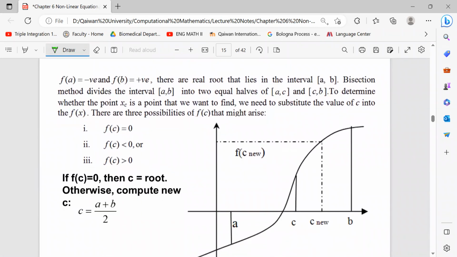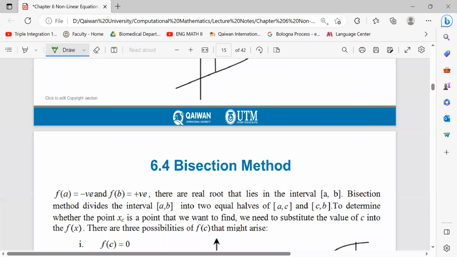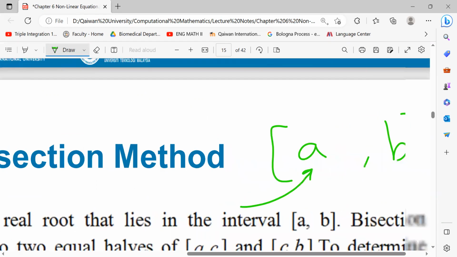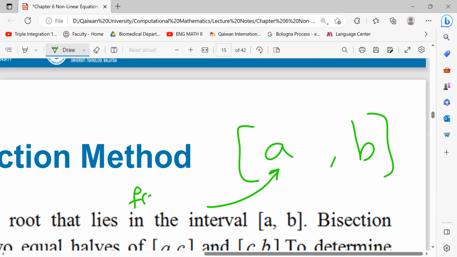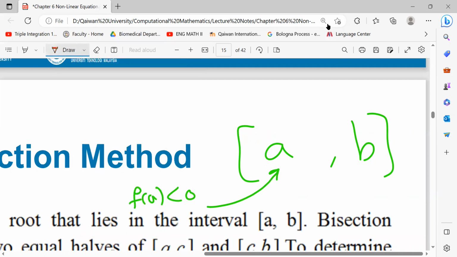Here we say, this is a and this is b. If f of a is, let's say, less than 0 and f of b is greater than 0, what do we do?